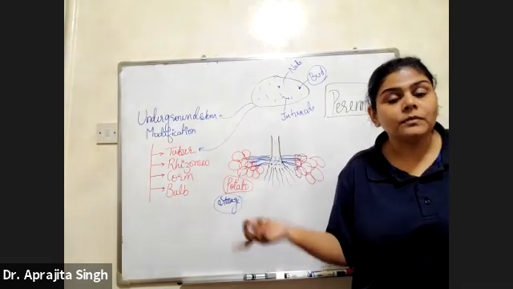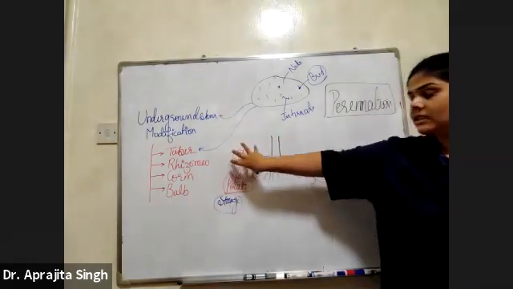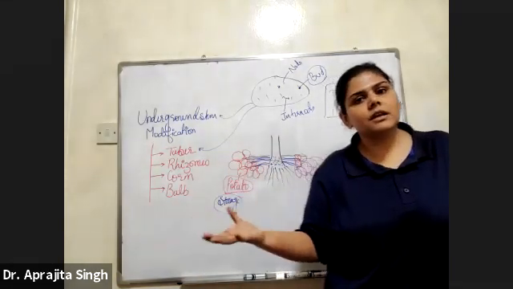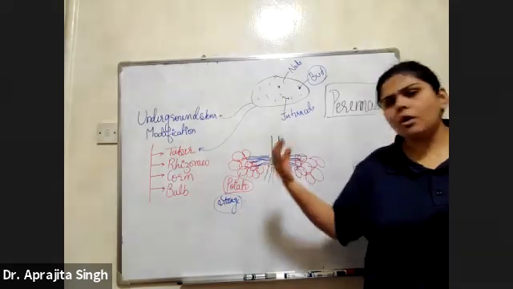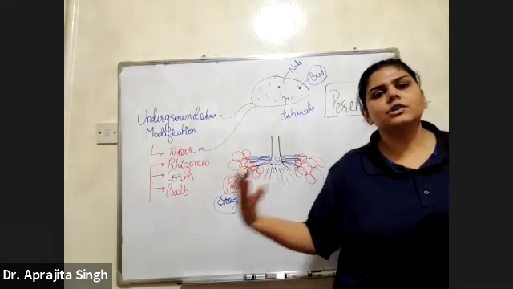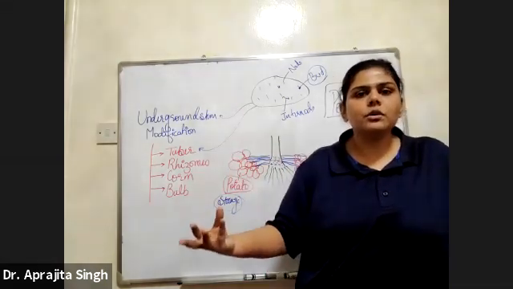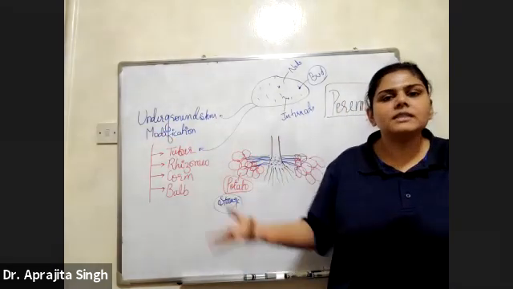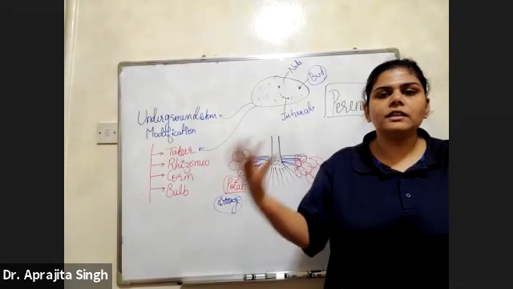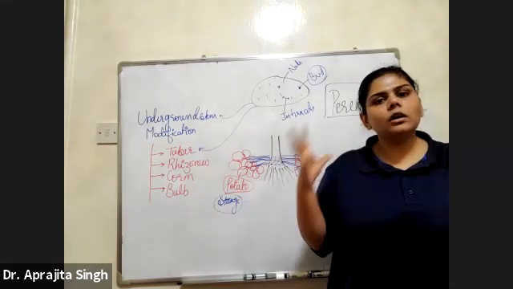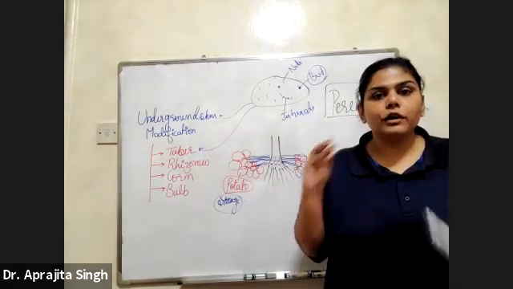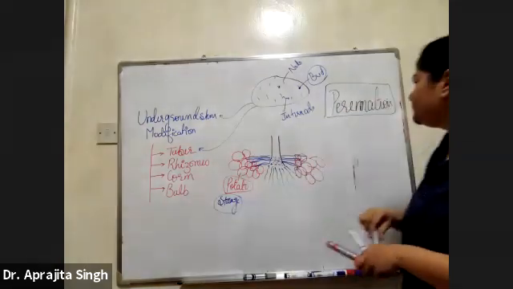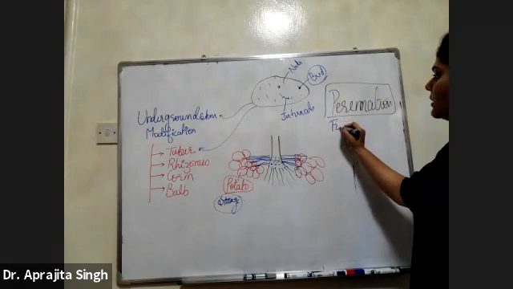How? Like this. They make these types of structures like carrots, turnip, sweet potato, onions, garlic, ginger, potato. These are the modifications they do in their stem, in their leaf, in their roots. And all these categories are for food storage only.